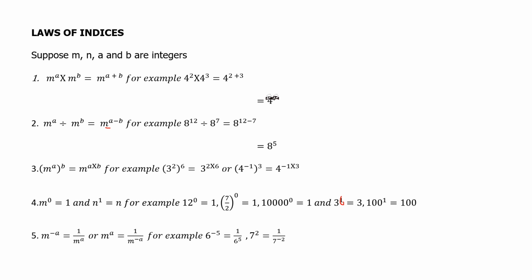So m power negative a is equal to 1 all over m power a. Or if your power is positive, when you take the reciprocal of the base number, the power now has to be negative. An example: 6 power negative 5 is equal to 1 all over 6 power positive 5, and 7 power positive 2 is equal to 1 all over 7 power negative 2.